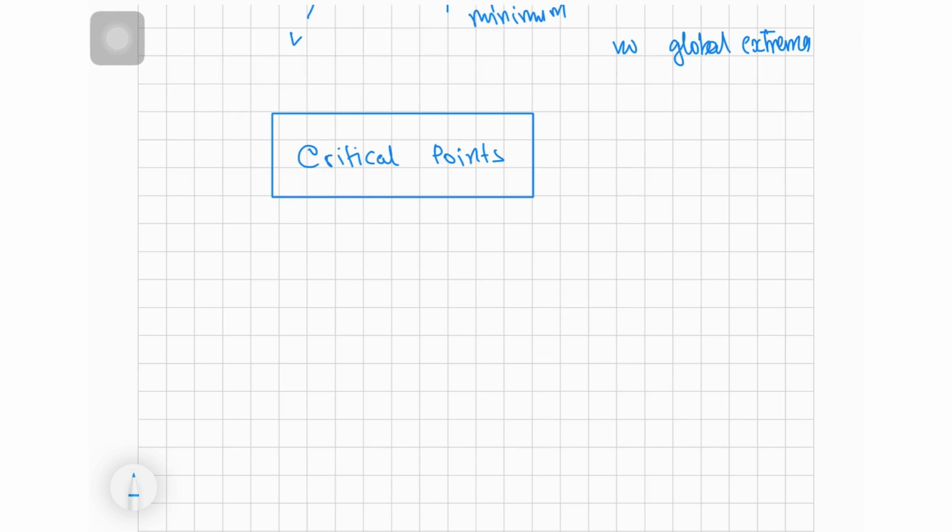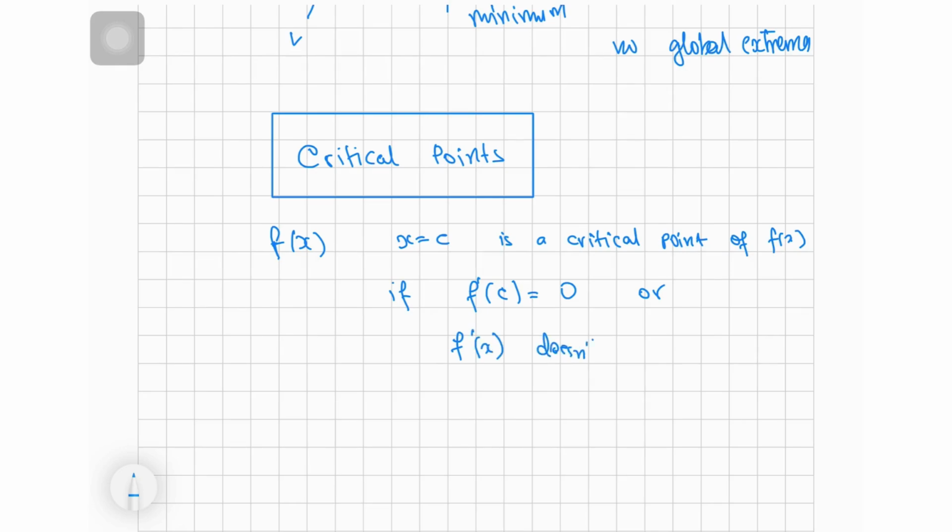So a critical point, of course, for the function f of x: x equals c is a critical point of f of x if f prime of c equals 0 or f prime of x doesn't exist at x equals c.